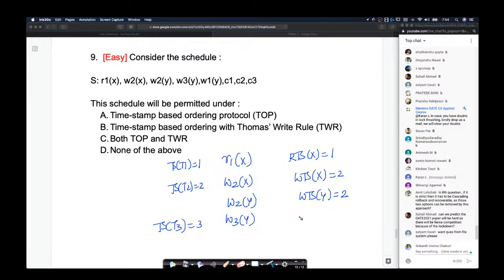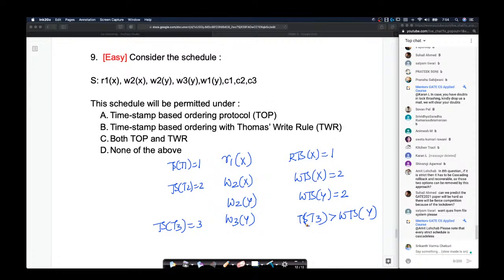Notice that the timestamp of T3 here is greater than the write timestamp of y, which equals 2, right? So the timestamp of T3 is greater than the write timestamp. This is cool. Now let's go to the next one.